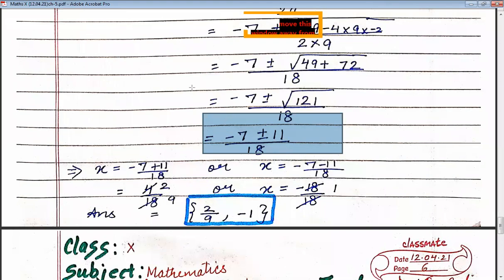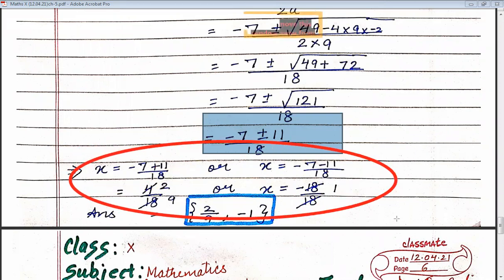I repeat, the first solution will be minus 7 plus 11 upon 18, and the second one will be minus 7 minus 11 upon 18. Because there is a plus minus sign, you have to count both the signs. So you have two solutions now.